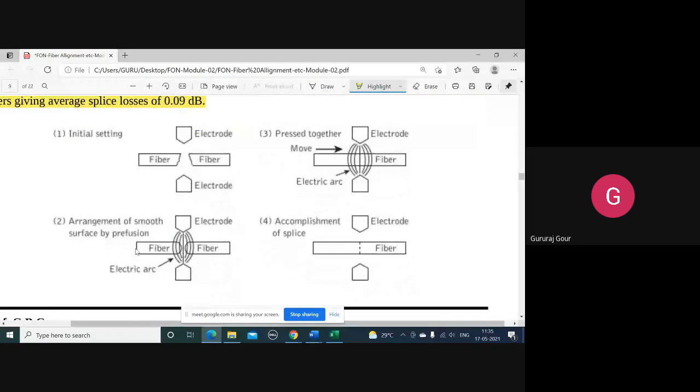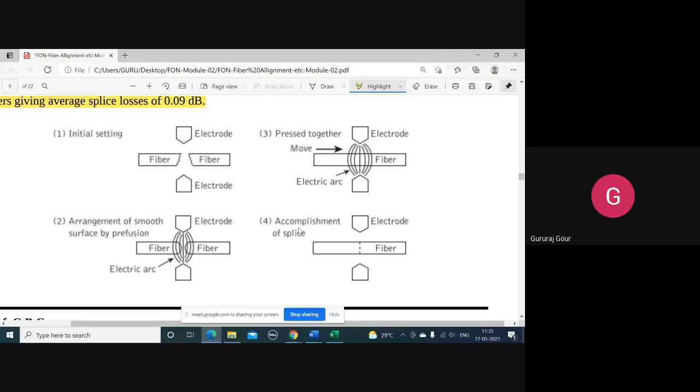In the second step, they will try to form a prefusion. Prefusion means they apply the electric arc with the two ends separated and let the ends expand and join. Because when you heat them with the electric arc after joining initially, they will expand and create an irregular joint.